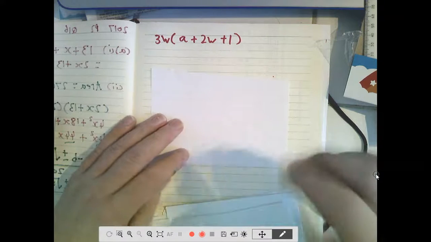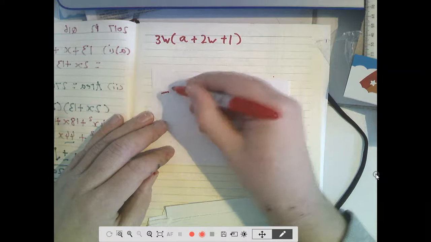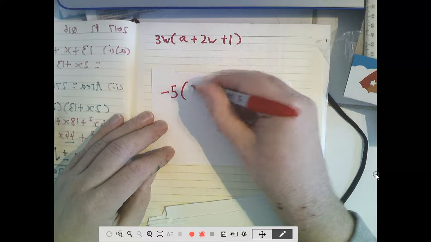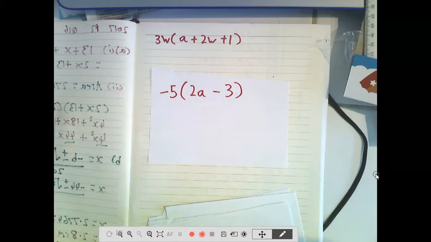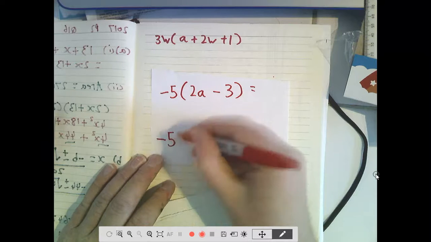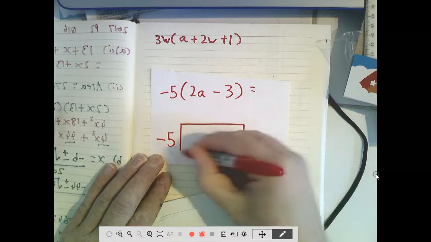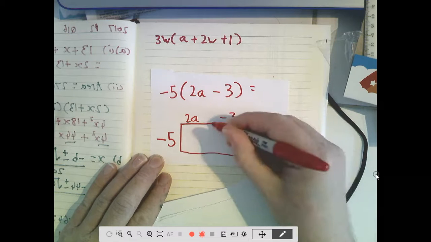Okay, we could make this harder. We could do, I don't know, why don't we do minus 5, open brackets, 2a, take 3. So this is negative, so we've got negatives involved now. But we're going to follow the same process. Minus 5 goes here, 2a goes here, minus 3 goes here.